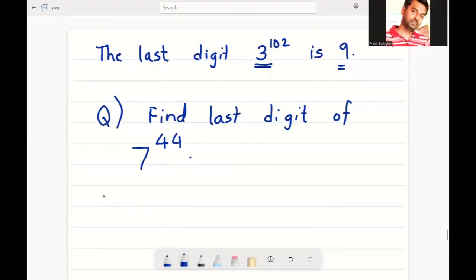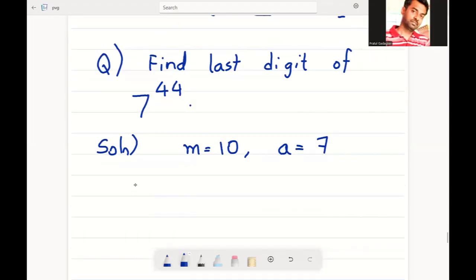Again, as before, I'm going to choose the value of m equal to 10 in Euler's theorem, and the value of a that I'm going to choose is 7. I know the statement of Euler's theorem is GCD of a and m must be 1. So the GCD of 7 and 10 is 1.